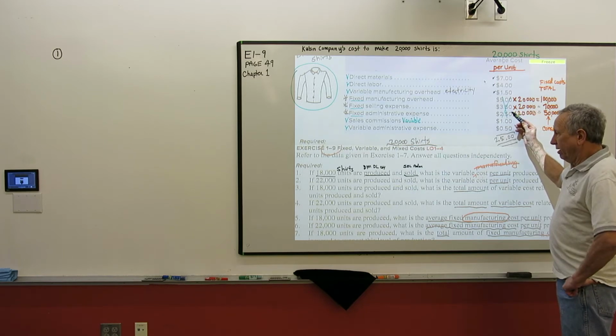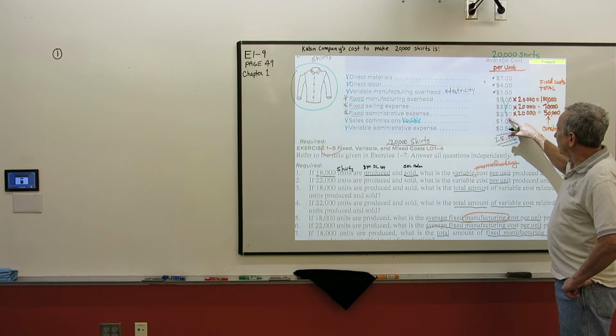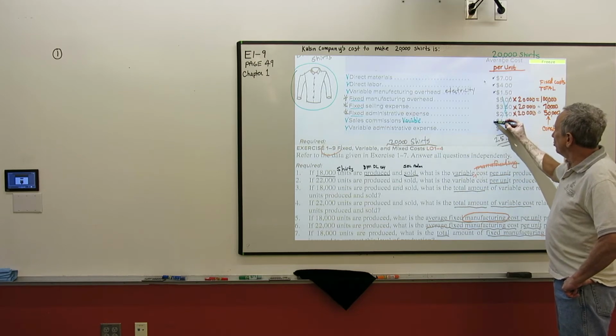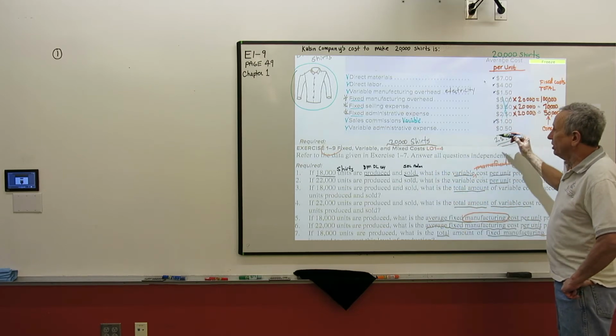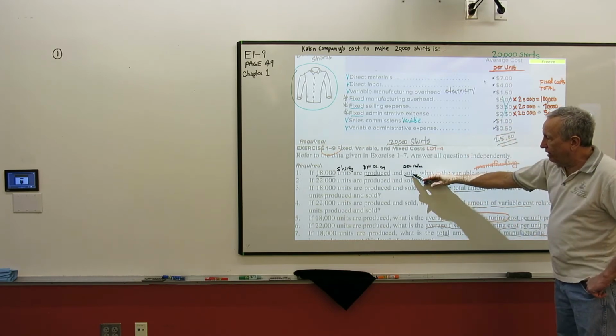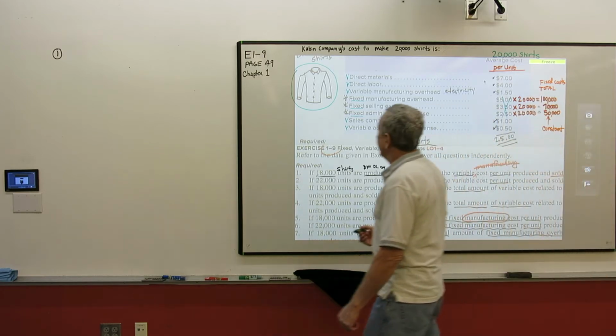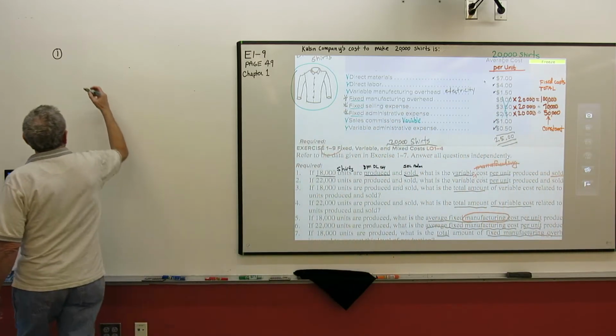Now, it does only want variable, so don't get any of these fixed. And then go ahead and get the sales commissions, because that's for the selling cost, and get the administrative costs, because if you sell it, you usually have the administrative costs. So let's add those up in number 1. We would actually say variable costs of production.